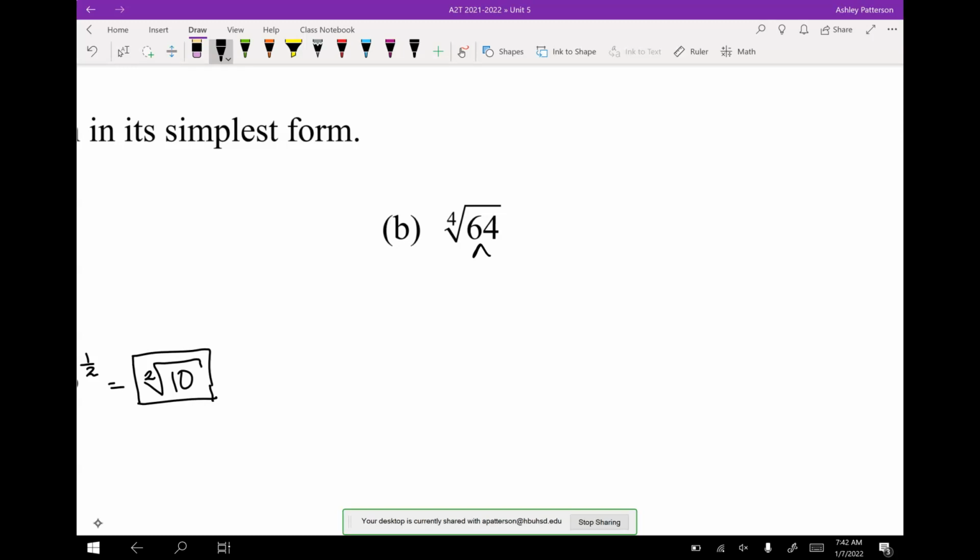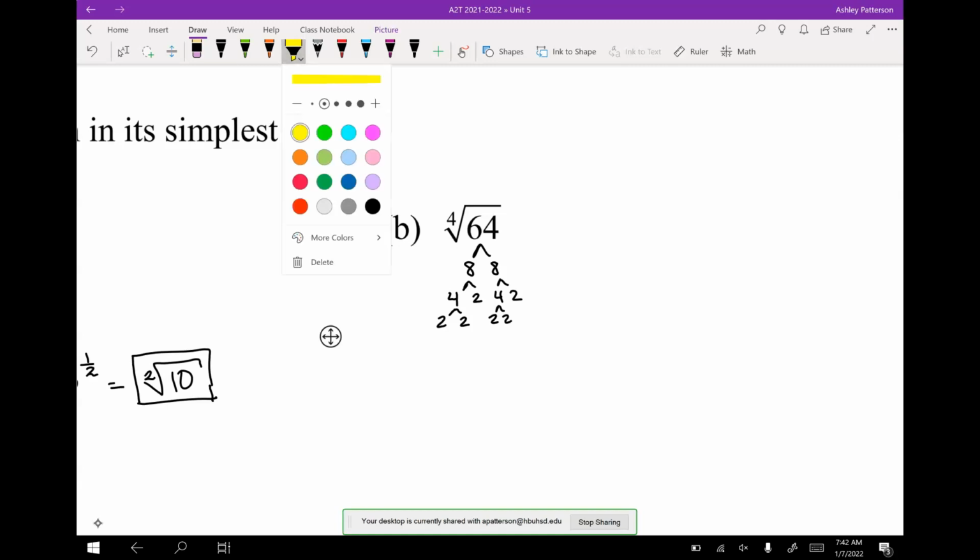Okay, wait. I heard 8 and 8, and then what did you say? 16 and 4. Sorry. Both are great suggestions. So we've got 8 and 8 is what I heard first. And then 8 breaks down to 4 and 2, and 4 and 2, and then 2 and 2, and 2 and 2. So here we have our prime factorization.